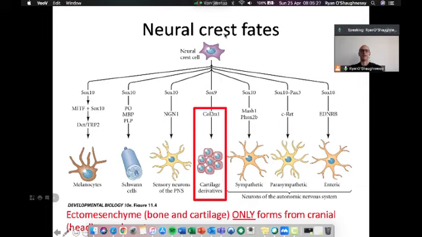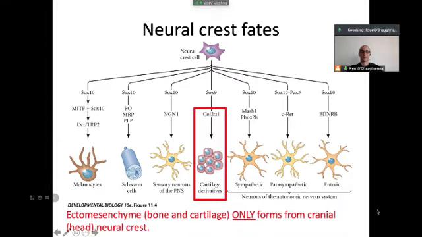Only if these cells express SOX9 and then express collagen 2 alpha 1 do we get cartilage derivatives, so things that make cartilage as part of the skull from these neural crest cells. So the ectomesenchyme, which are these bone and cartilage cells, only form from cranial neural crest, so neural crest from the head.